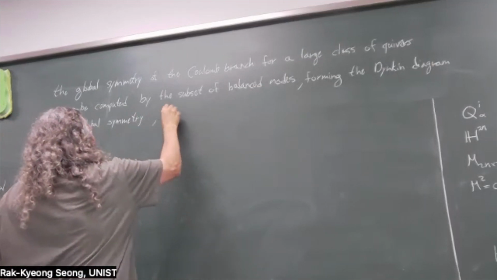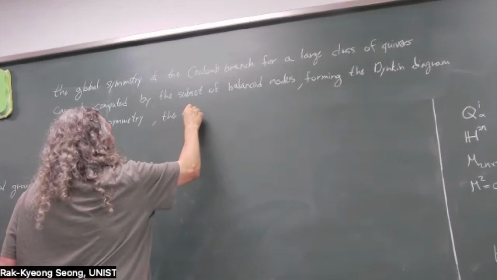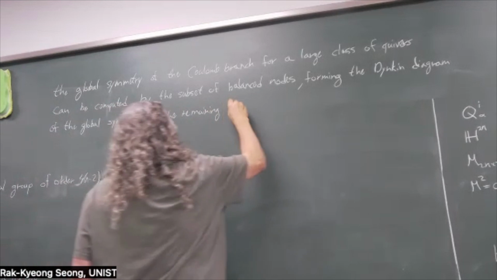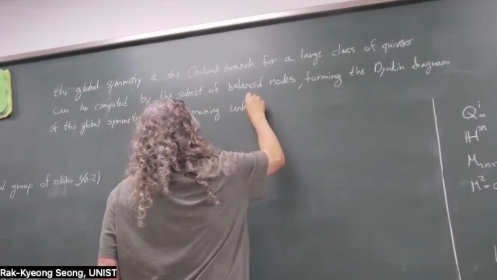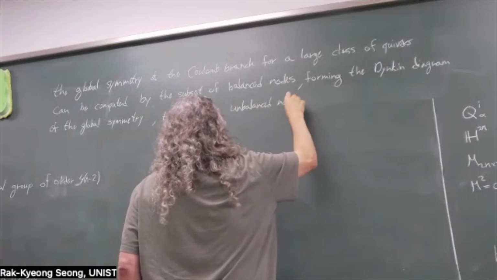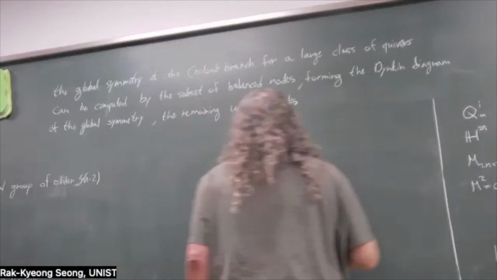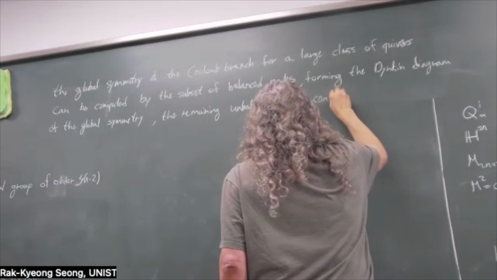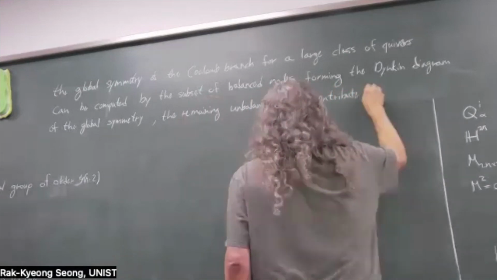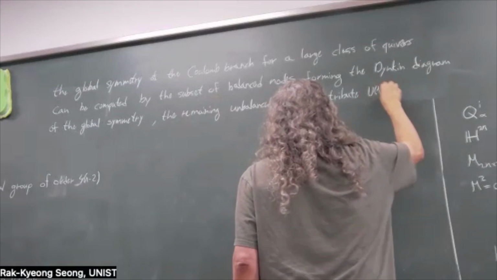Then the remaining unbalanced nodes contribute U(1) each.